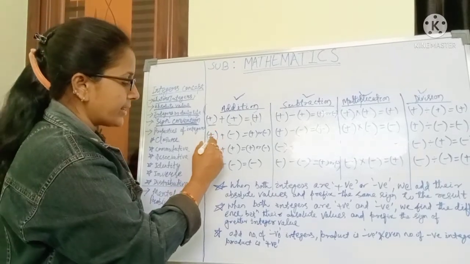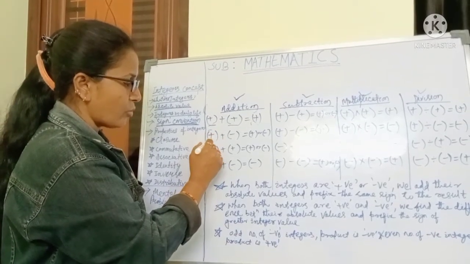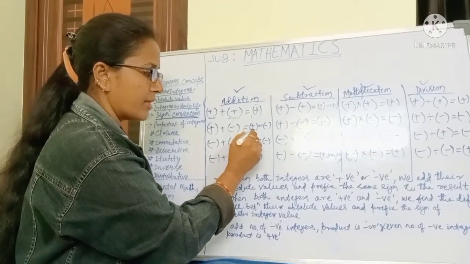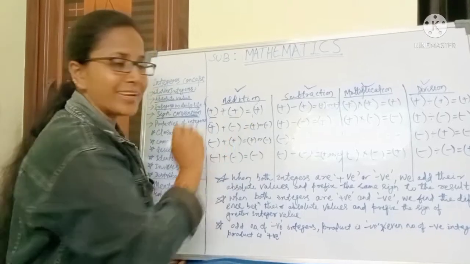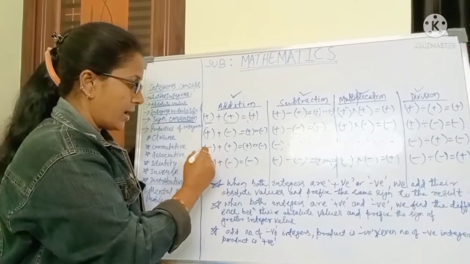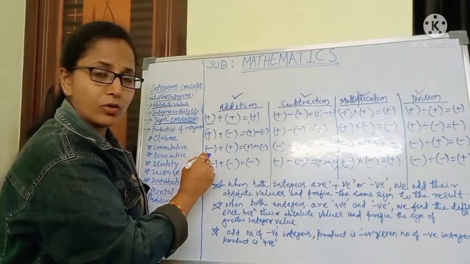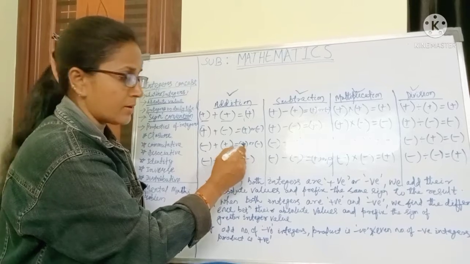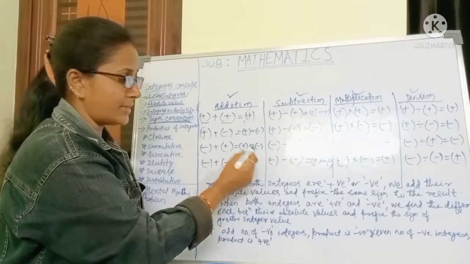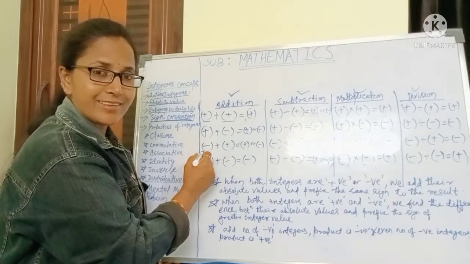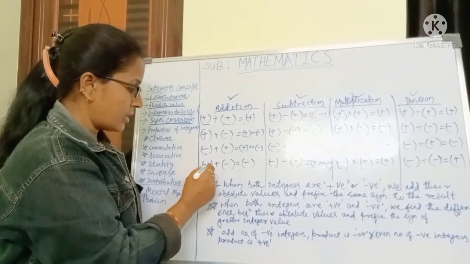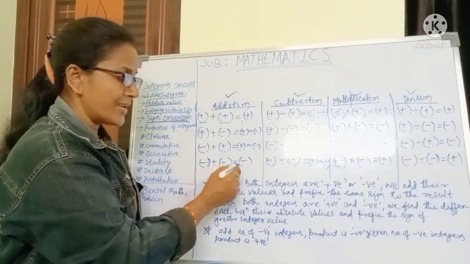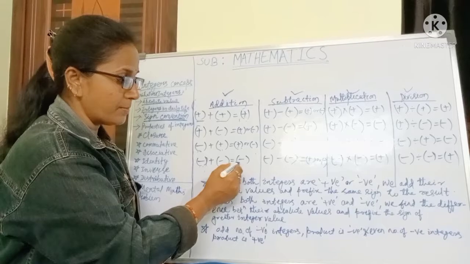When we take one number positive and another negative, we get the result either positive or negative, depending on the greater sign of the integers. When we take two negative integer values, the sum is a negative integer.